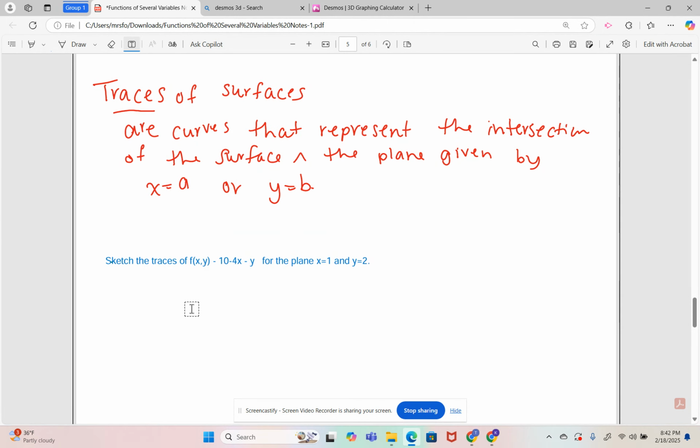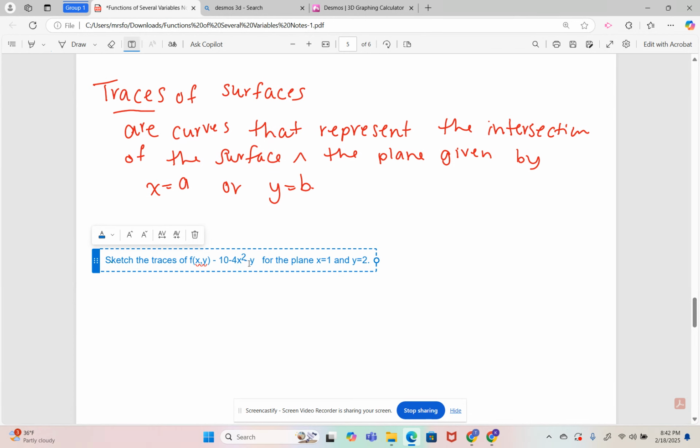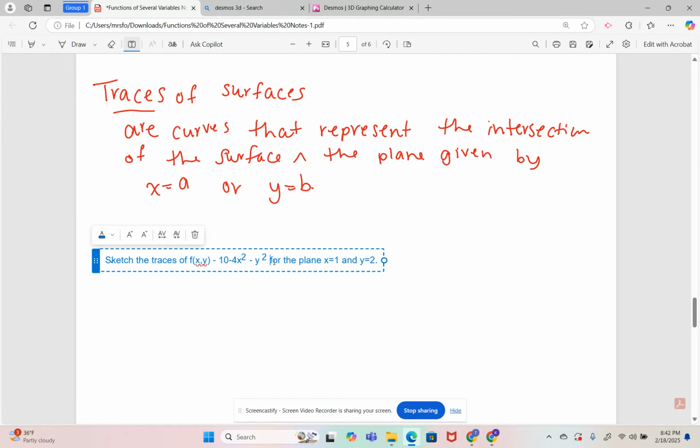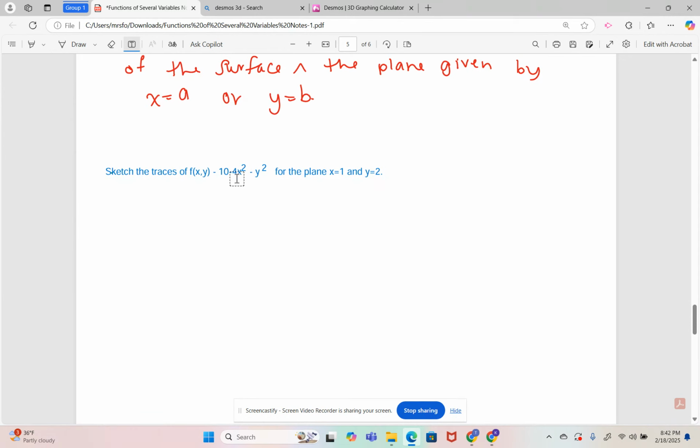Let me put in my squares. Sorry, I should have just written it by hand. I thought this would make it look better.